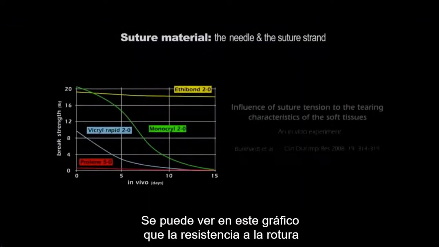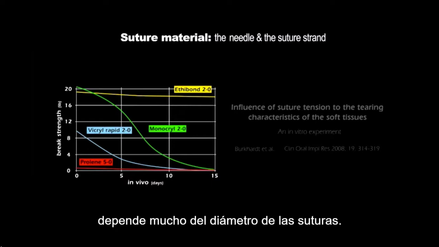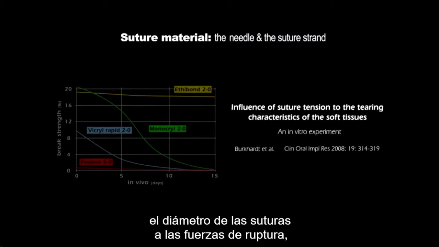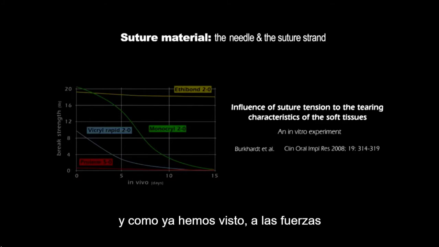You can see in this graph that the breaking strength depends a lot on the diameter of the sutures. In a recent experiment, we were influencing the diameter of the sutures to the breaking strength and, as we have already seen, to the forces that are brought to the clot.